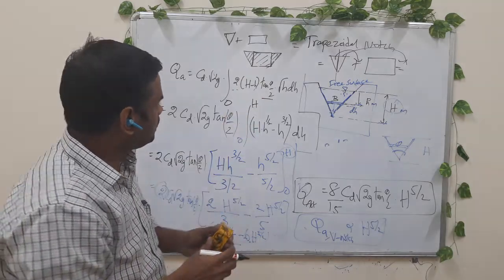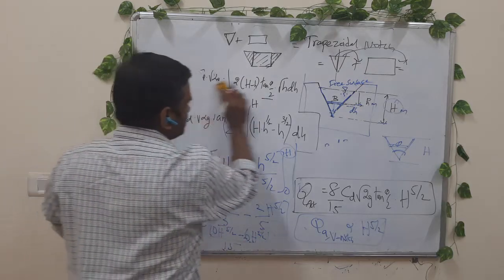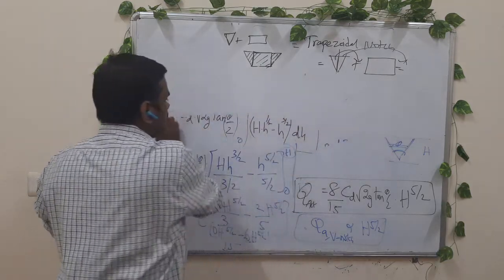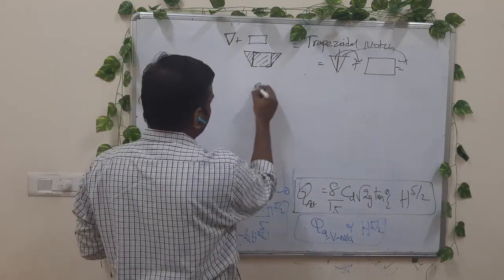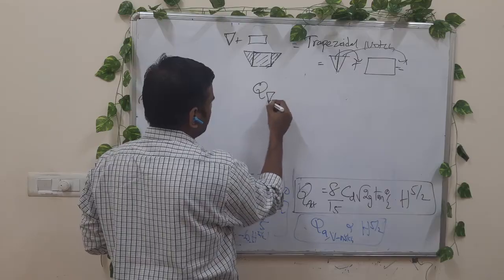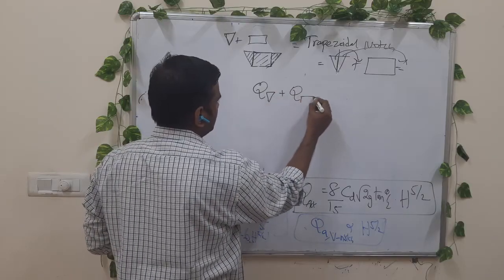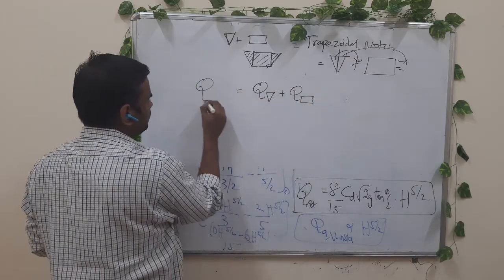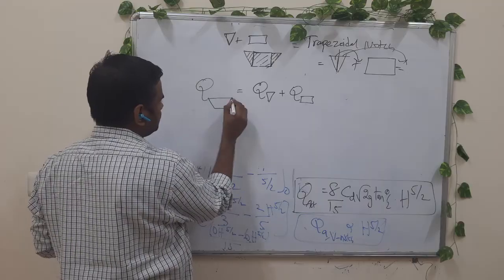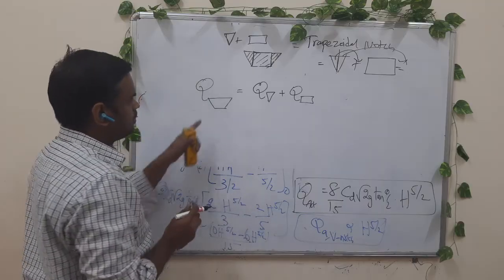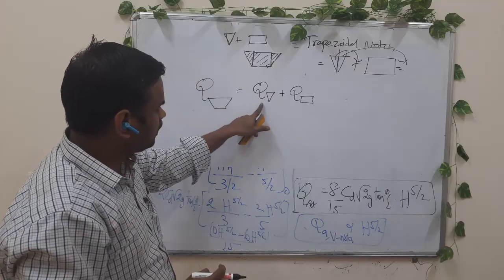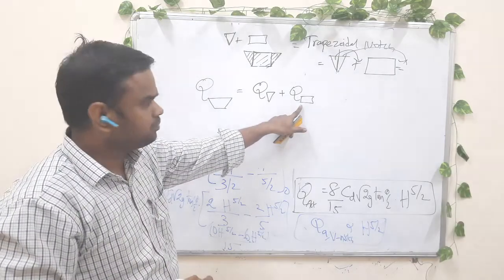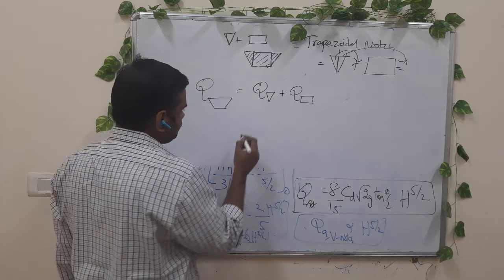Once we understand that, writing the discharge equation is simple, because we have already derived the expressions. The discharge through a trapezoidal opening is equal to the discharge through a triangular notch plus the discharge through a rectangular notch.